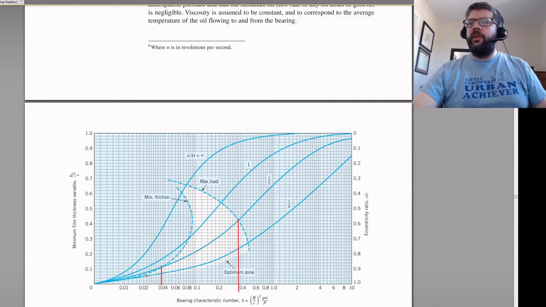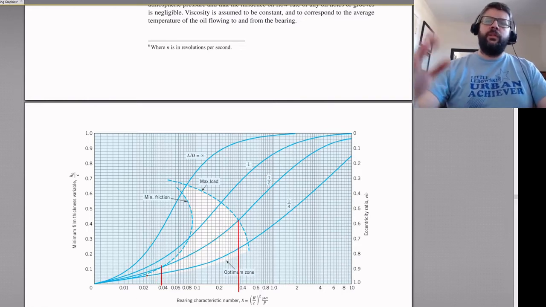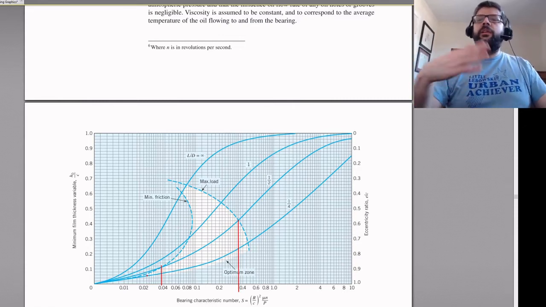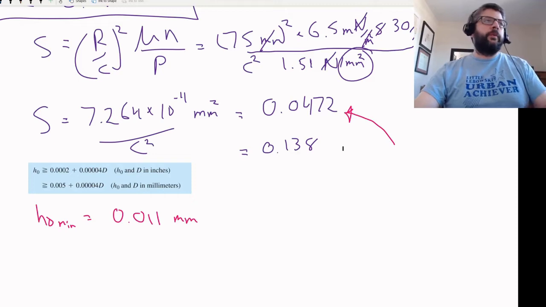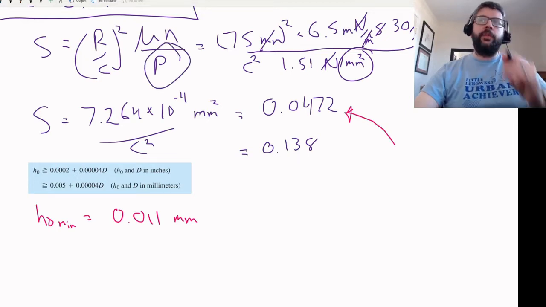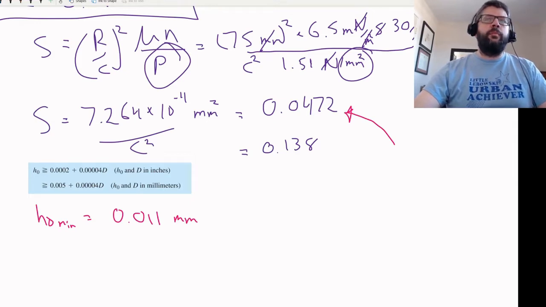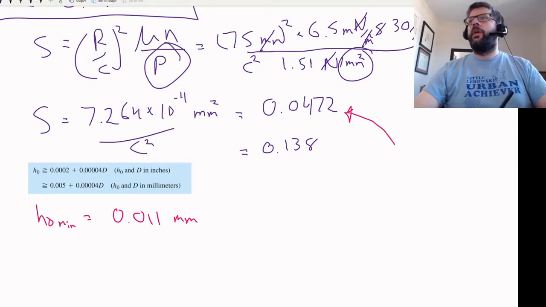with our S. So if we take the lower S and then decrease it further by multiplying the load by 2, because again, keep in mind that the P is on the bottom here, then we're going to decrease the bearing characteristic number by 2.